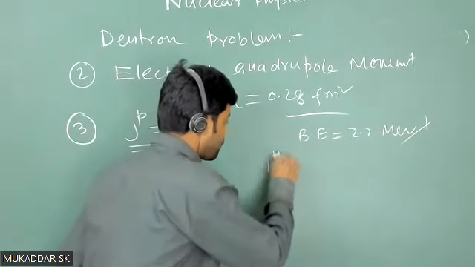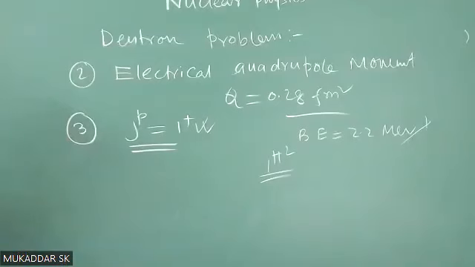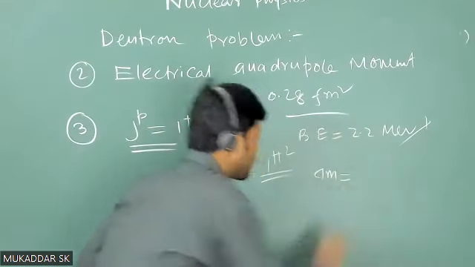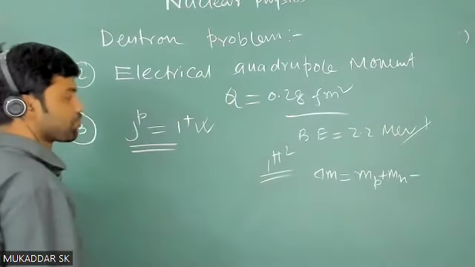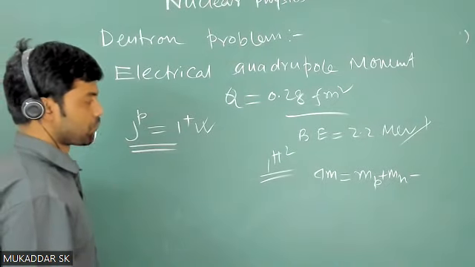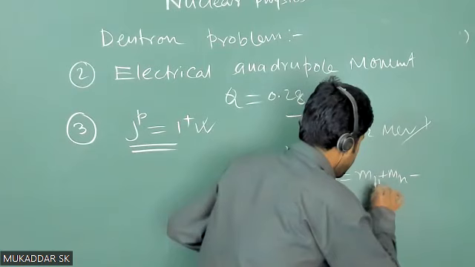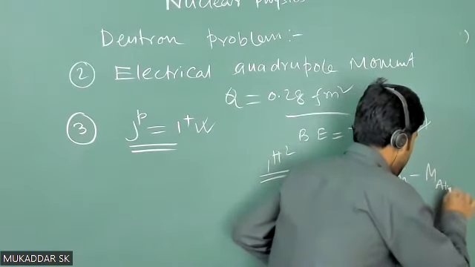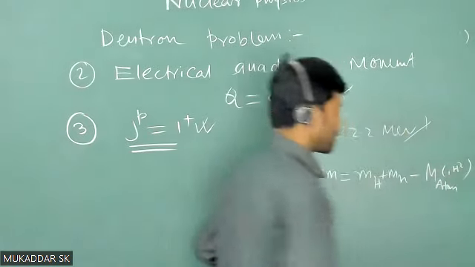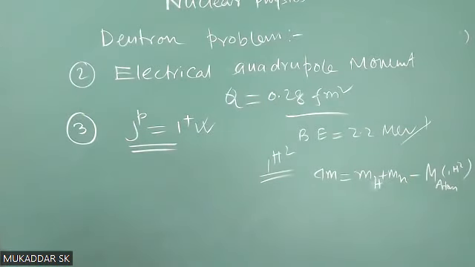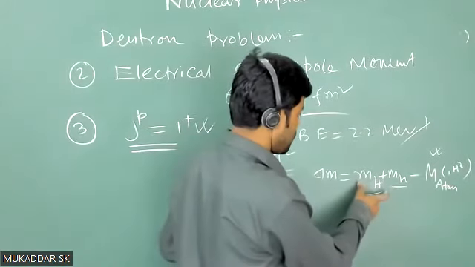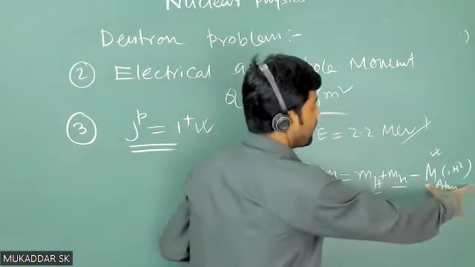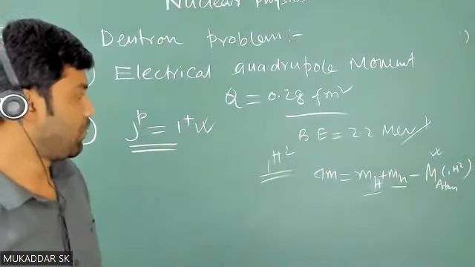You have a system 1H2. First calculate the mass defect: MP plus Mn minus the atomic mass of 1H2, or MH plus Mn minus atomic mass of 1H2. The masses MH and Mn are known, and the atomic mass can be measured and is provided.